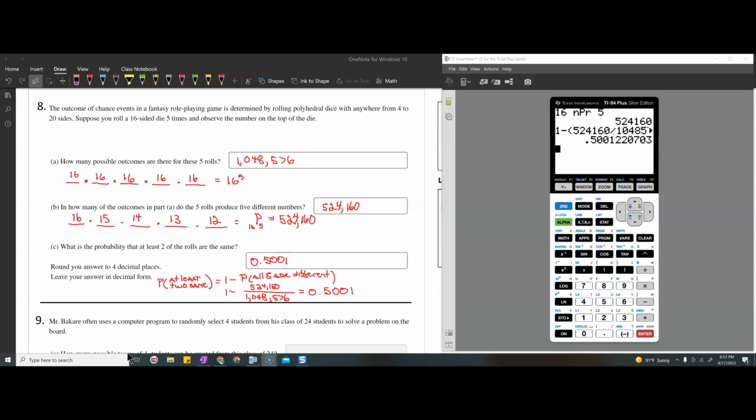That's our denominator. The number of ways that you can get 5 different numbers was the answer to part B. And then I go 1 minus that fraction. So I did that over here on the calculator, and it says go out to 4 places. So that would be 0.5001.